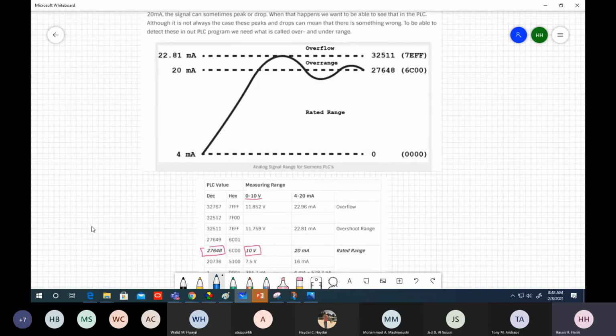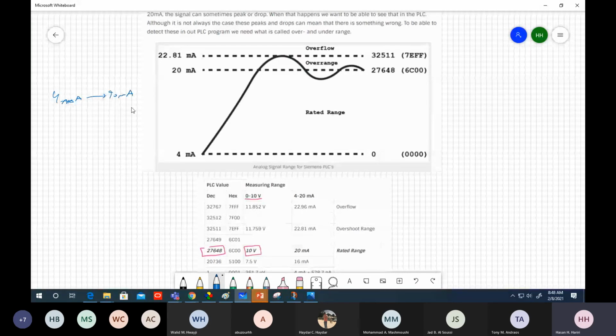Like, the signal is between 4 milliampere to 20 milliampere. What if you had a short circuit or so, and your signal coming from the sensor is more than 20 milliampere? Would you be able to know it?